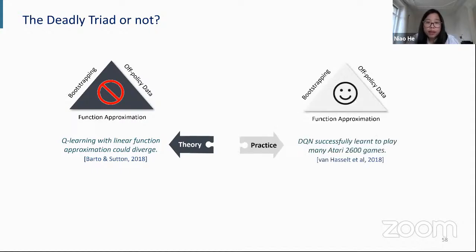On the practical side, people have been using Q-learning with neural networks for playing Atari games and many other video games, and showed great success. They are able to achieve superhuman level performance and learn very good policies. Then what's going on here?